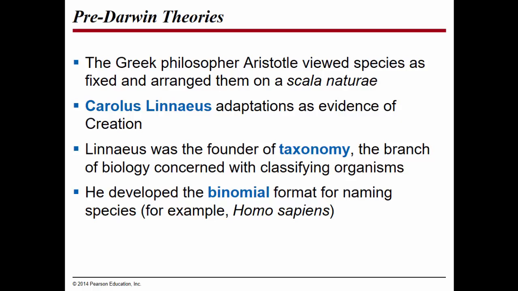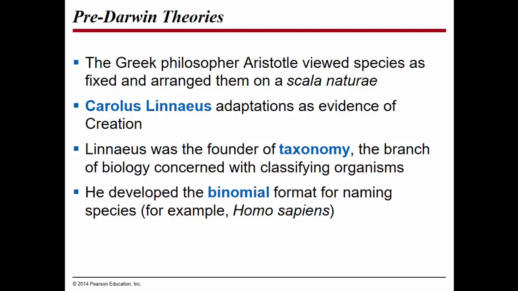Another important naturalist who influenced Darwin's thinking was Carolus Linnaeus. He had some of the same ideas as Darwin. He observed adaptations, or traits that organisms have that make them well suited to their environment.